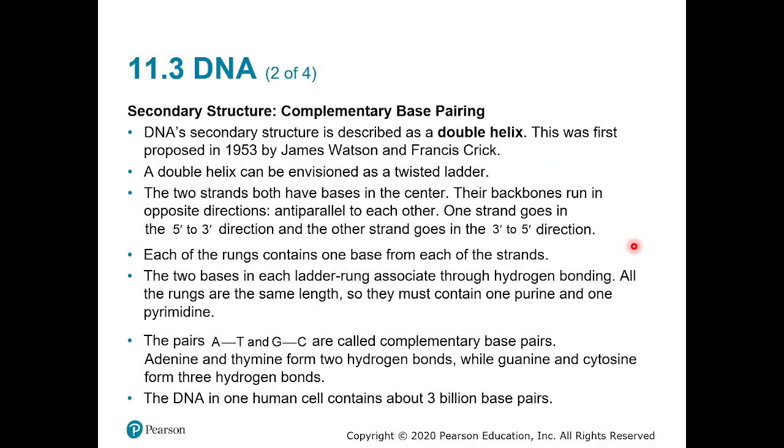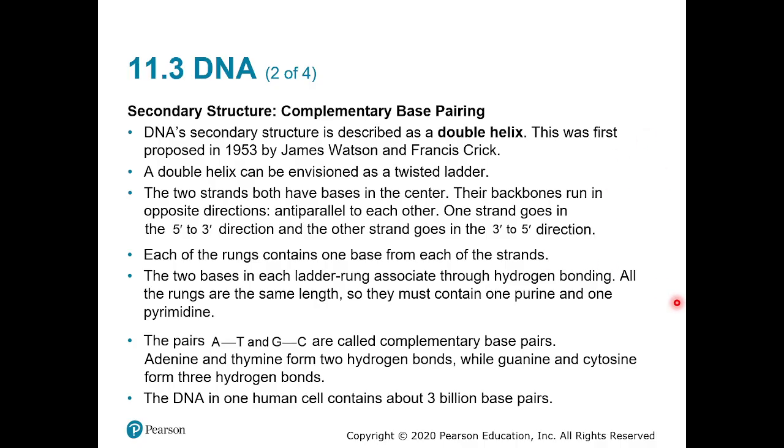They're going to have the backbones that will run in opposite directions. So, as one strand goes from 5' to the 3' end, the other strand will then go from the 3' to the 5'. So, they're always going to be the exact opposite in the direction they run. Okay?